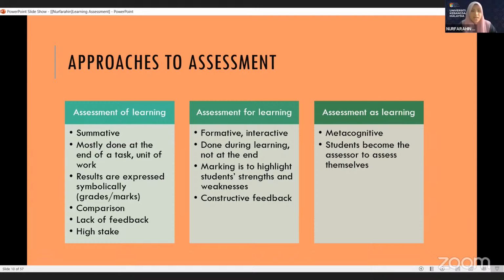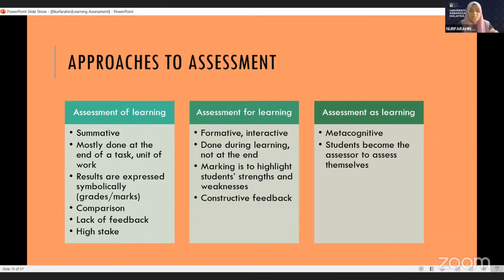Okay? And the last approach to assessment is assessment as learning. Assessment as learning is very advanced. It's a very advanced approach to assessment where the students become the assessor and assess themselves.